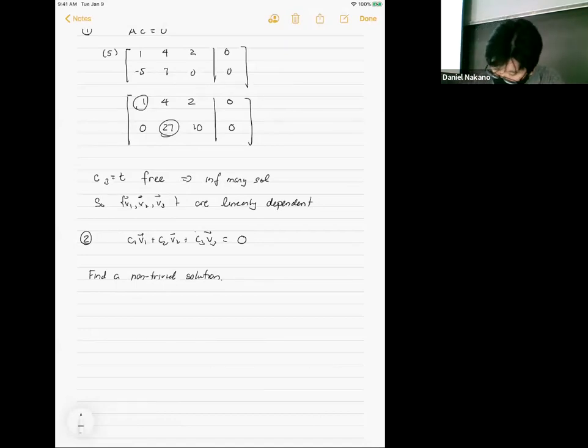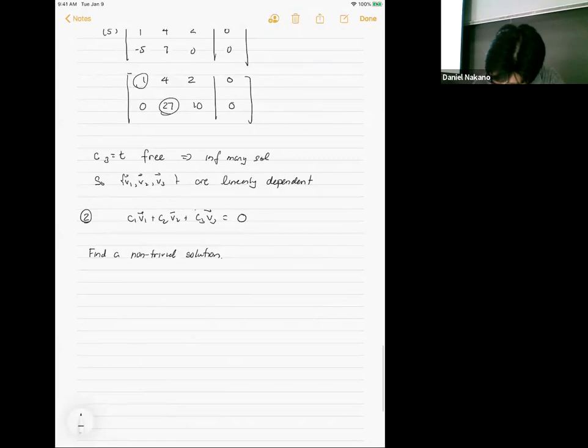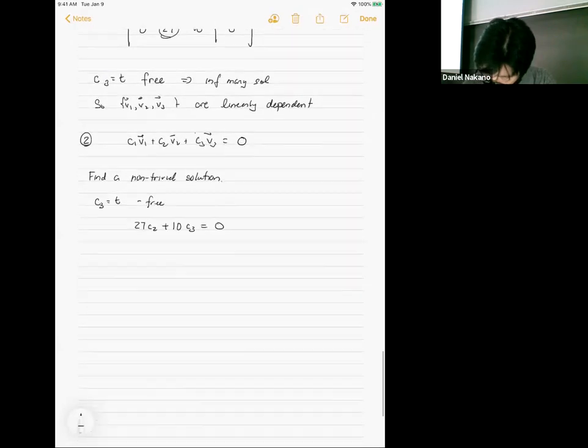Okay, so in order to do that, let's back substitute. So remember C3 is T, which is free. Okay, so now let's back substitute. So 27 C2 plus 10 C3 is 0.